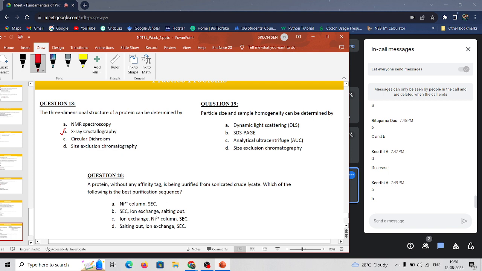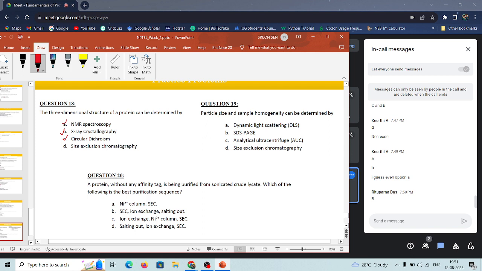You can also understand the three-dimensional or the tertiary structure of a protein by NMR spectroscopy as well as CD spectroscopy. So all these three options are correct. So CD spectroscopy tells you also about the tertiary structure of a protein as well as the secondary structure of a protein. And NMR and X-ray are mostly for your tertiary structures. Okay, so A, B, C are correct.